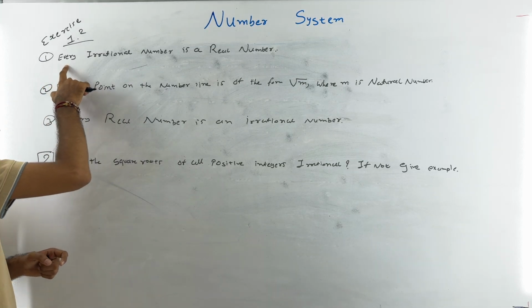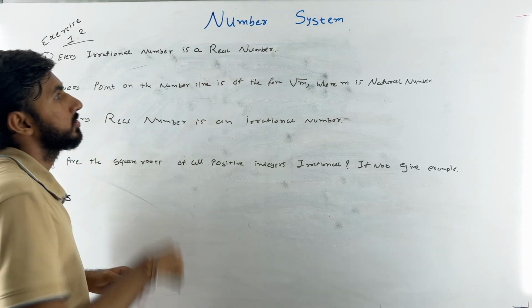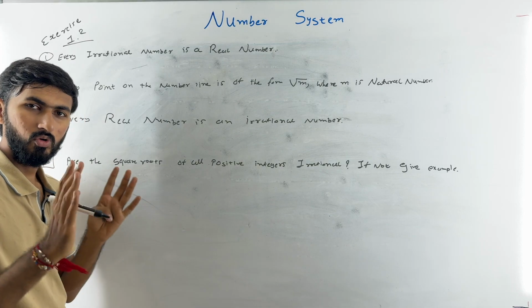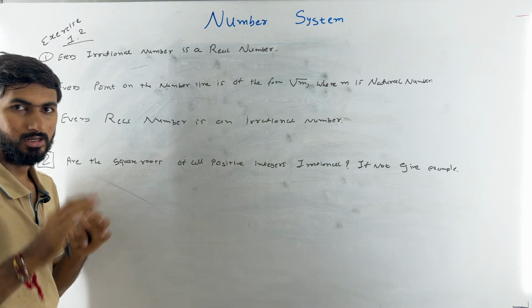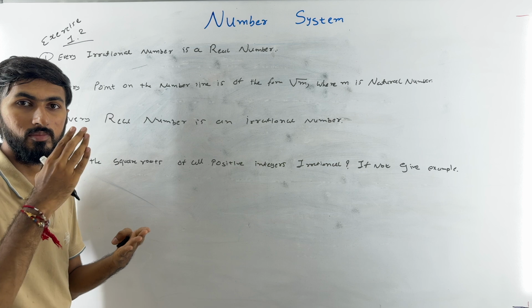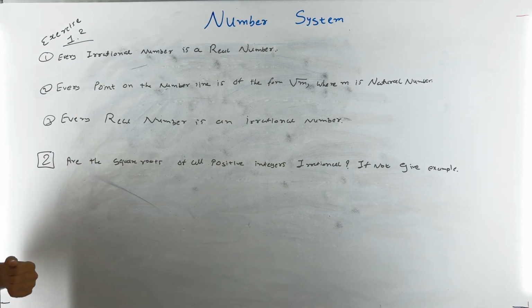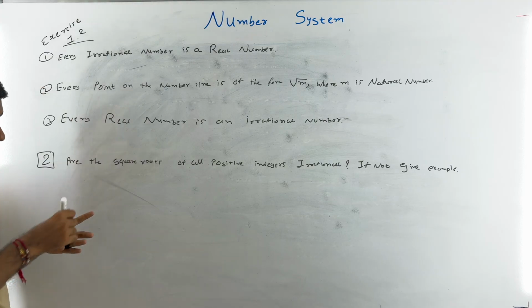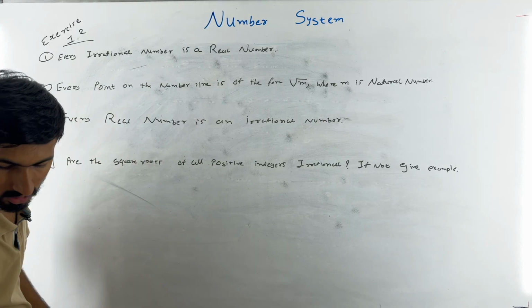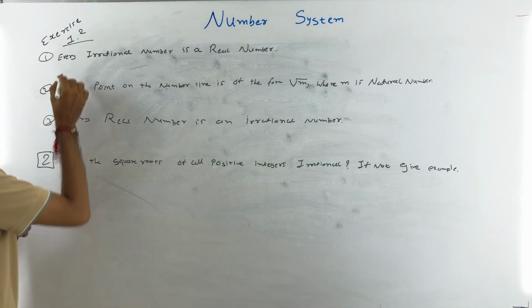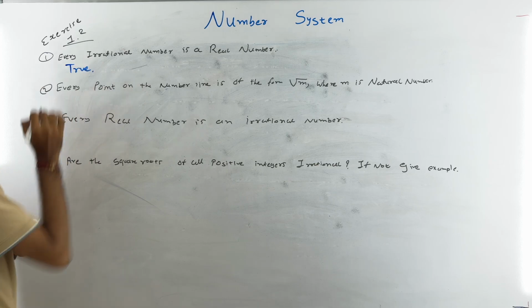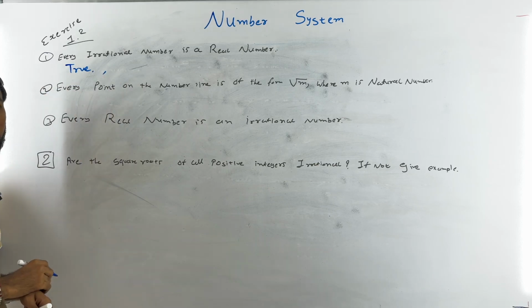The first statement is: every irrational number is a real number. We all know the definition of real numbers, right? Real numbers contain all the irrational numbers and the rational numbers. So this statement is true, right? So the first statement is true, and I have to write the reason.